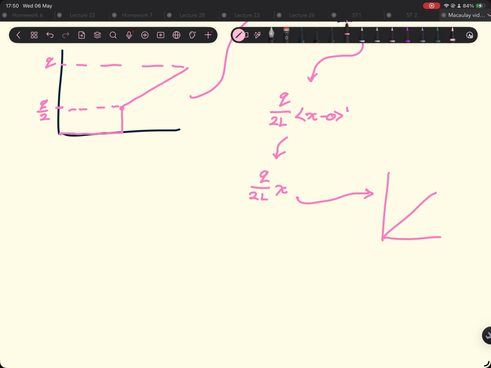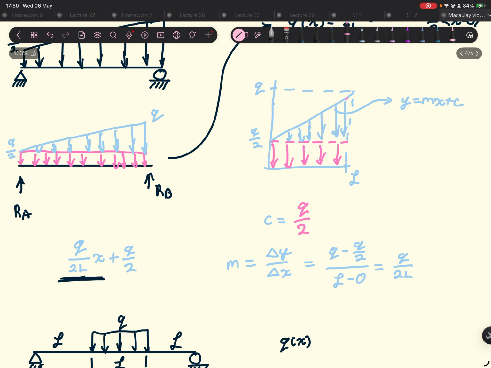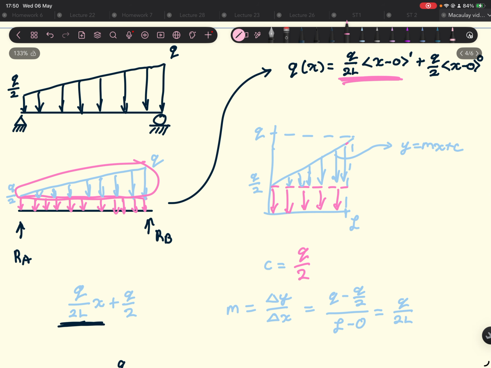But you can see that this is missing the bottom part of our distributed load, right? So there's no rectangular portion. We're only dealing with the top part over here.